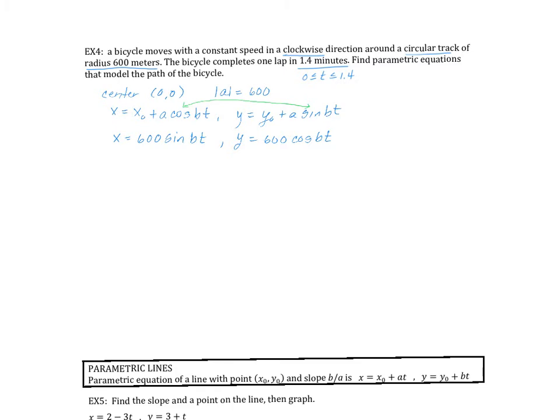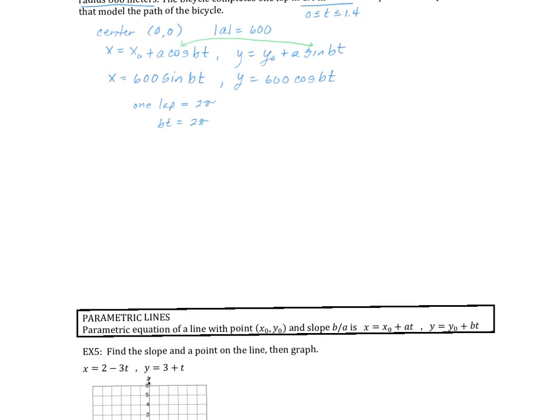So remember, our t values are not 0 to 2 pi. Since I know that 1 lap is 2 pi, I know that bt, going from 0 to 2 pi, would give me 1 lap. And I know what t is at 1 lap.